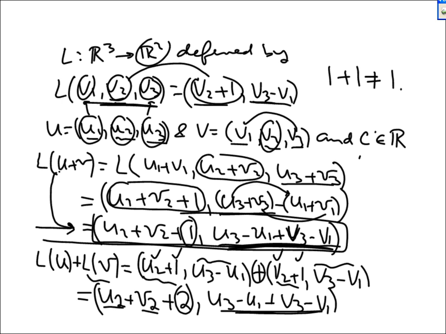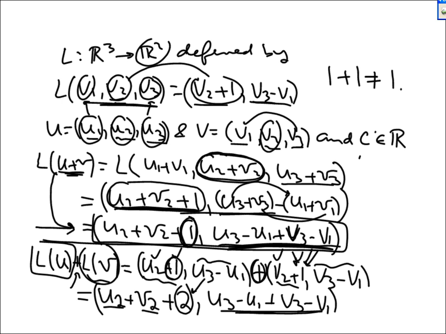When you take L of one thing, you take that second entry and you add 1 to it, and that becomes the first entry of the element in R2. But over here, take L of u, you get a plus 1. Now when you take L of v, you get another plus 1. And when you add those ones, you don't get 1 anymore. You get a 2.